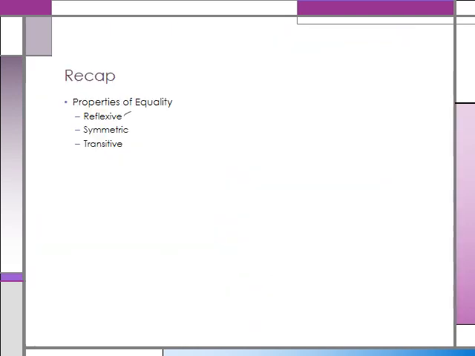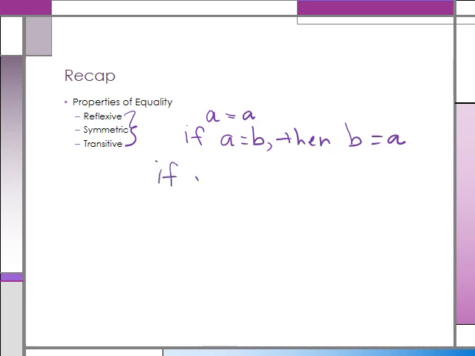So these are our new properties. Reflexive, remember, means that for all real numbers, A equals A. Symmetric is if A equals B, then B equals A. And then transitive is knocking out our middleman.